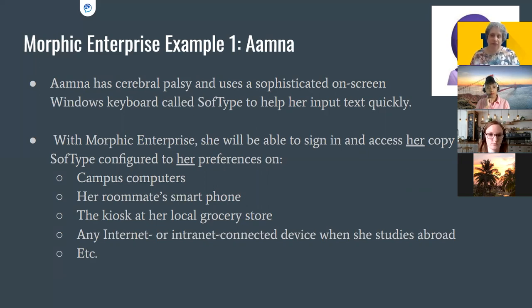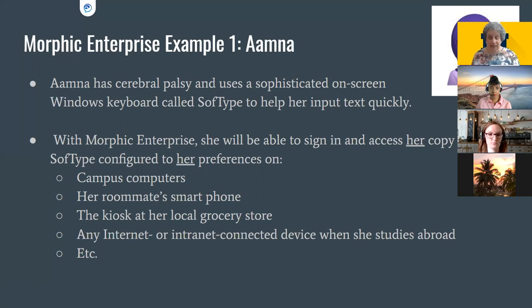So with Morphic Enterprise in the future, she will be able to sign in and automatically access her copy of Soft Type configured to her preferences on public campus computers, on her roommate's smartphone, on the kiosk at her local grocery store, on any internet or intranet connected device.